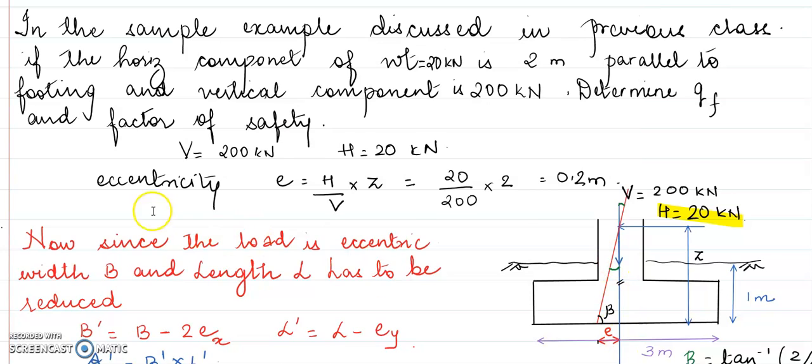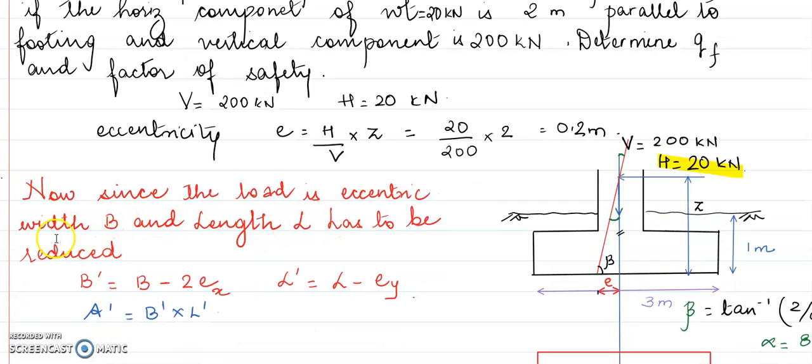Now, since the load is eccentric, width B and length L have to be reduced. This is a general statement. Whenever the load is eccentric, you reduce the width by 2 times the eccentricity, and similarly the length by 2 times the eccentricity.